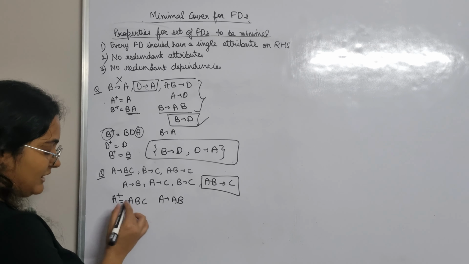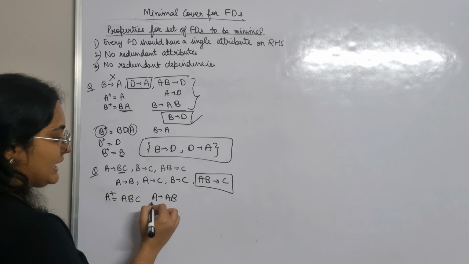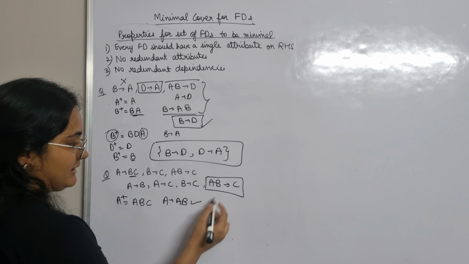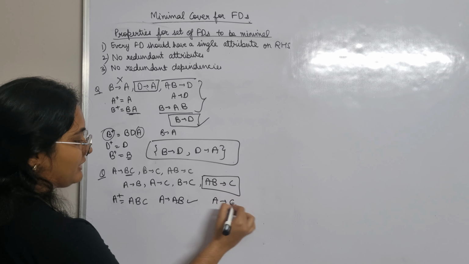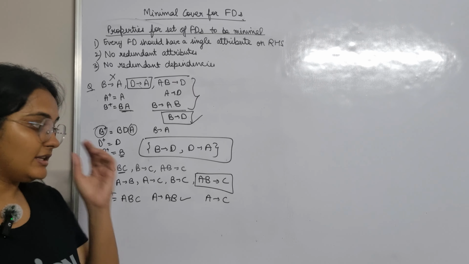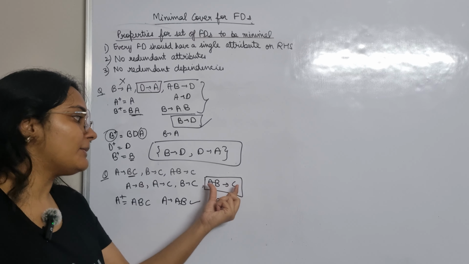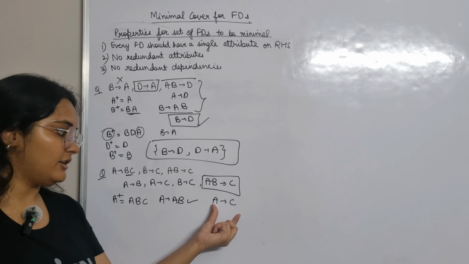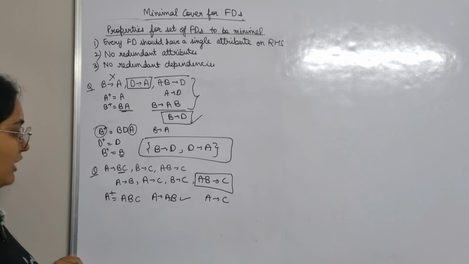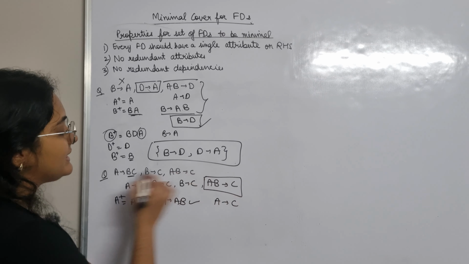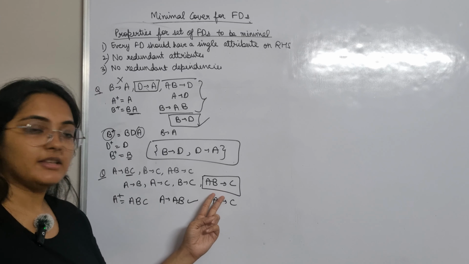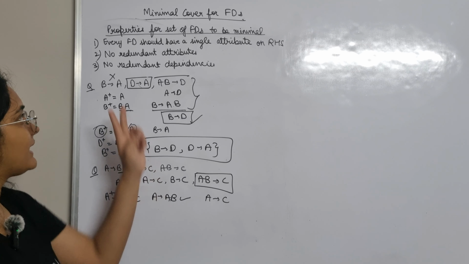From this we can infer that A can determine AB and then AB determines C. Then according to transitivity, A determines C. So this is how it can be reduced: from AB determines C to A determines C. Now, any other functional dependency that has two attributes on the left hand side? No. So the second step is done.